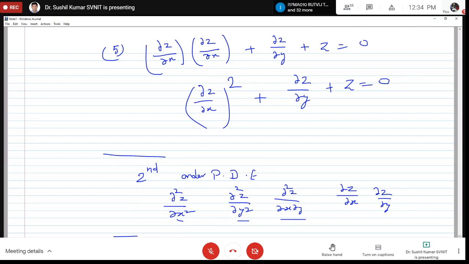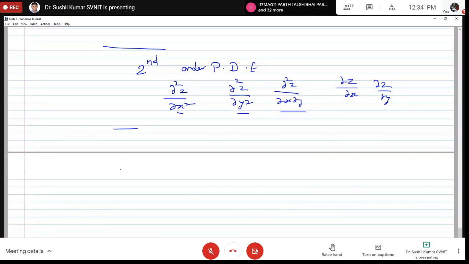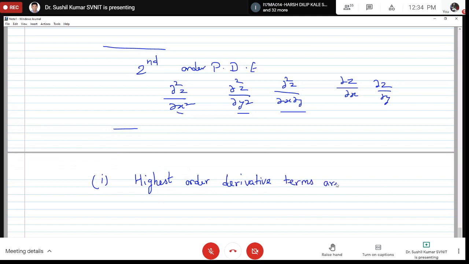So for semi and Cauchy, for both the equations, first, the highest order derivative terms are linear.